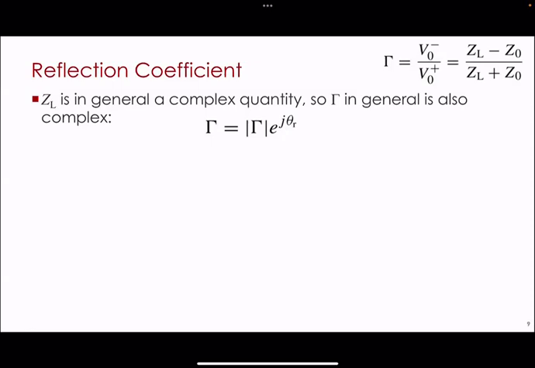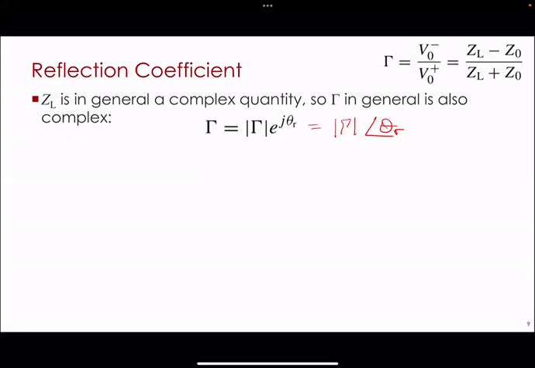Polar form is magnitude, angle, something. We're normally going to think about the reflection coefficient as magnitude, angle, something. And if it makes you feel better, it's perfectly fine to write it like this, with e to the j. If the e to the j scares you a little bit, okay? Feel free to write it like that.